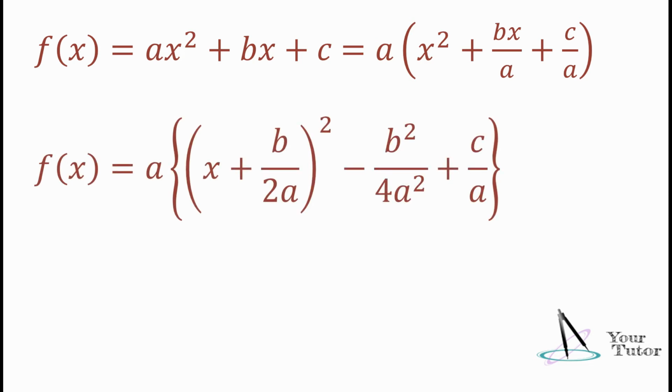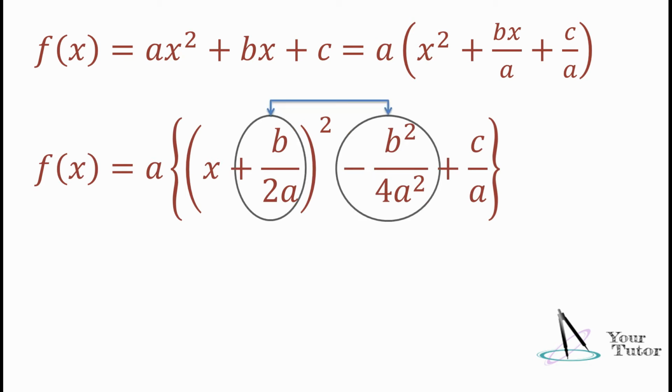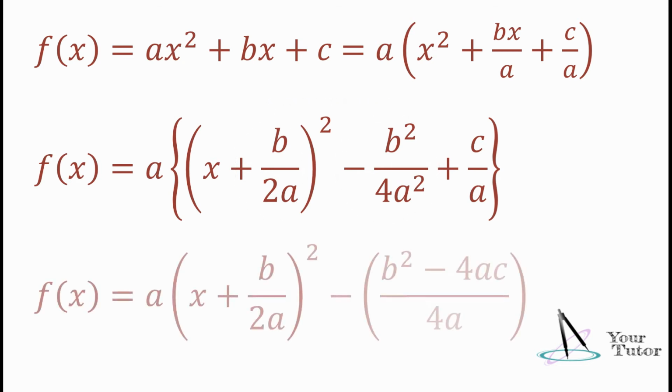When we expand it, here, we can get x to the power of 2 plus b x divided by a, plus b to the power of 2 divided by 4 a to the power of 2. The last term is an extra term, so we have to deduct the same term to eliminate it in the resultant expression. Then, if we simplify the rest of the expression, we will get this.